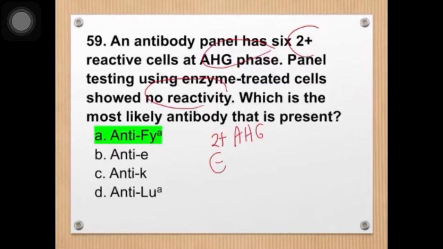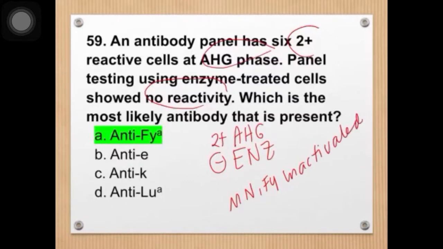Huwag kakalimutan, sa previous discussion natin, natutunan natin yung MNS antigen, at saka yung mga Duffy antigen are inactivated by enzymes. So, hindi po tayo makakadetect ng anti-M, anti-N, anti-Duffy A, anti-Duffy B using enzyme-treated red cell.